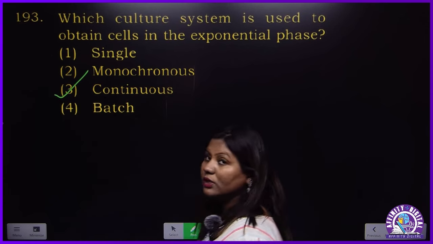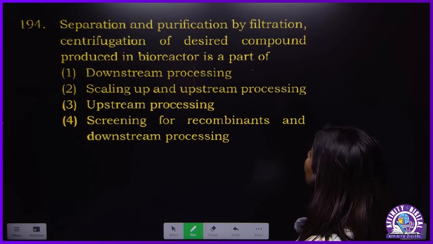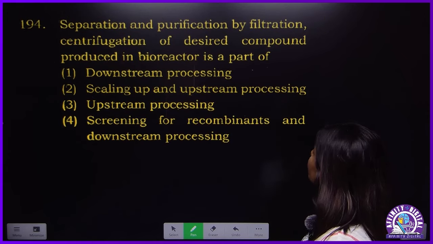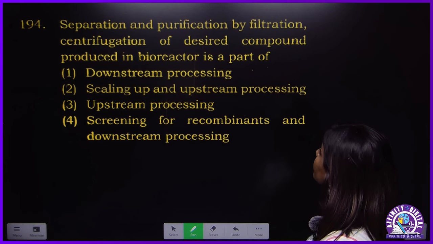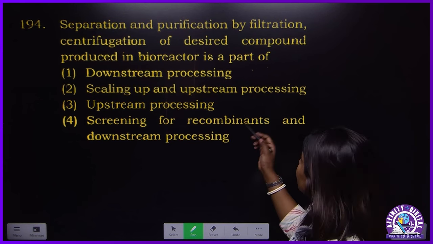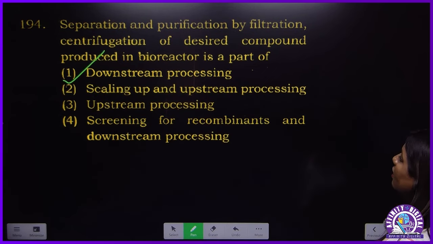It is our continuous culture system. Separation and purification, by filtration centrifugation of the desired compound produced in the bioreactor, is a part of, yes, of course it is a part of downstreaming process.